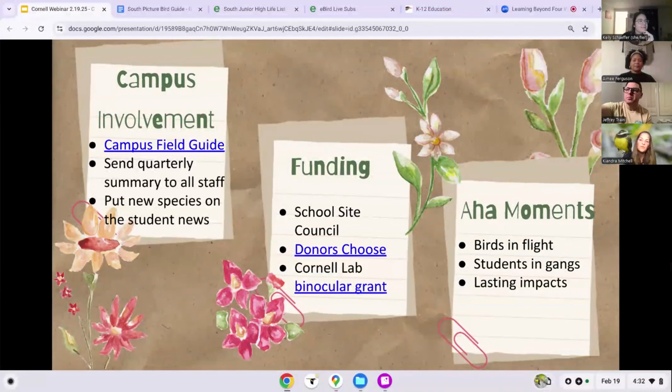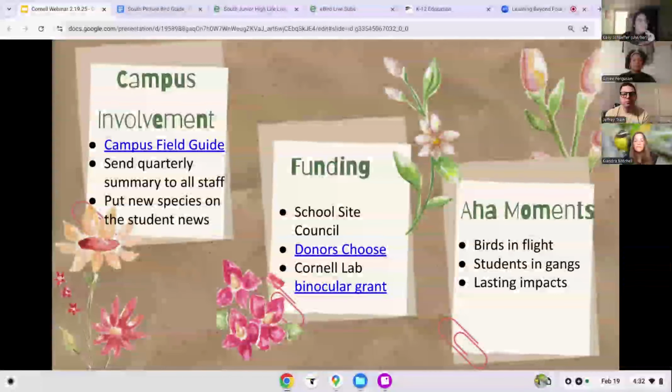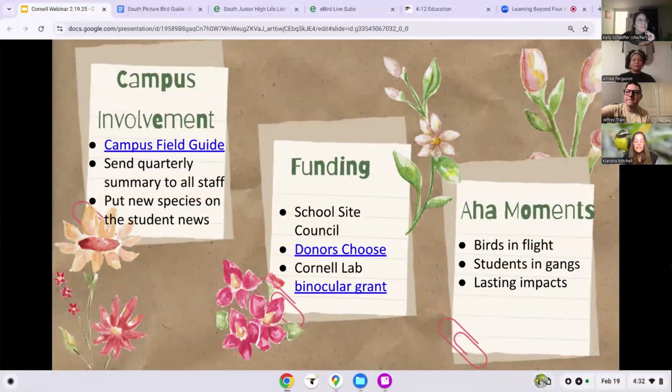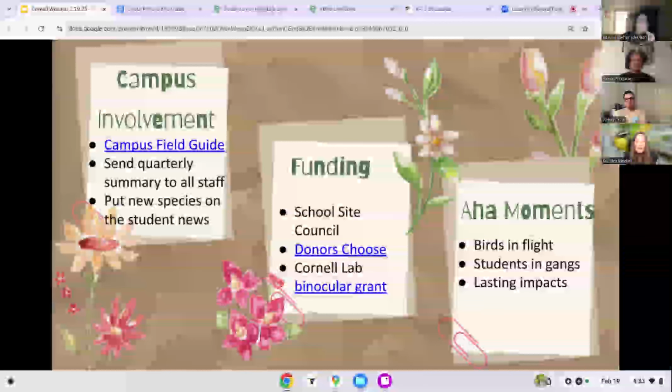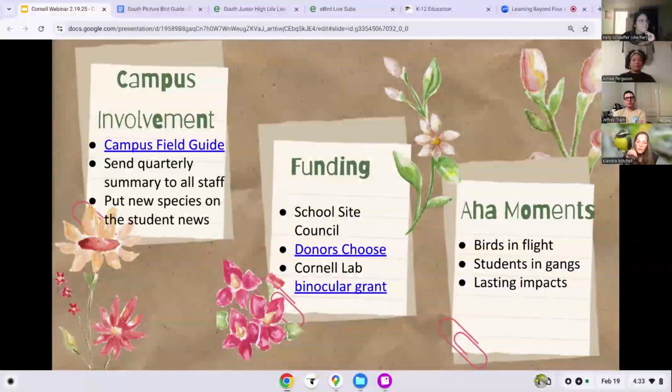With students in gangs, we have 31 different gangs represented in my junior high and in the neighborhood, and they are bussed in from different areas. We work closely with the Anaheim Police Department and various other organizations. And sometimes what I have seen is my students who are already affiliated, or who have older brothers or sisters who are affiliated, don't speak in class, but they latch on to being outside.